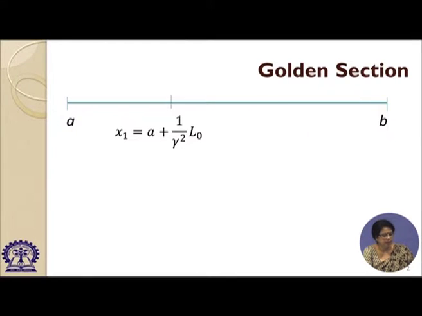The first point we consider is x1, and the second point would be equidistant from the point B, that is B minus 1 by gamma square L naught.